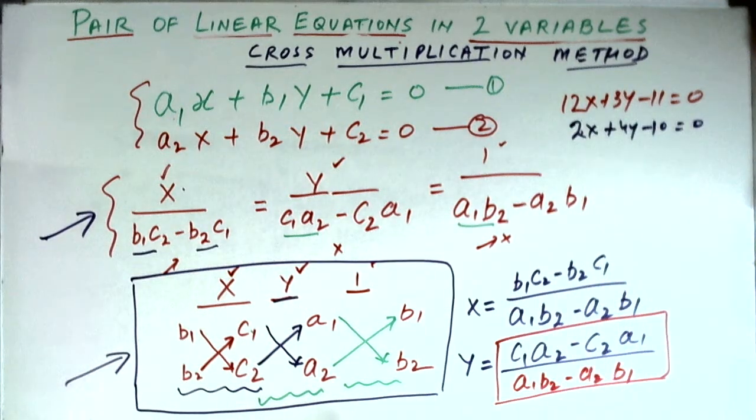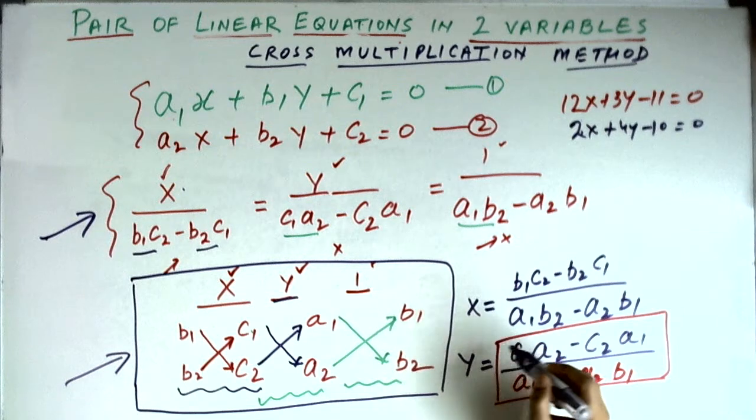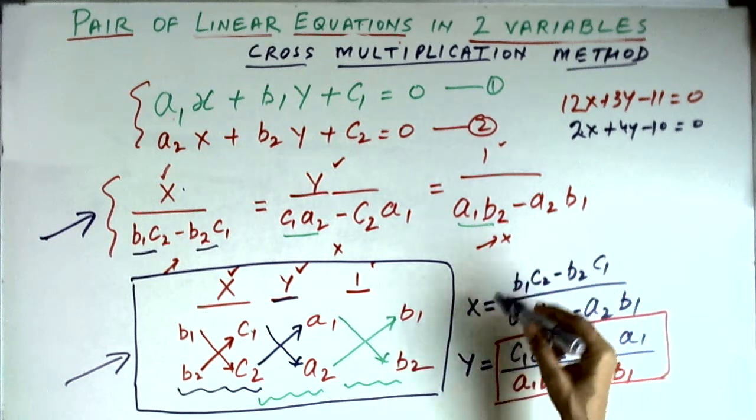Suppose these are the two equations, and if we have to solve them using the cross multiplication method, we will find the value of x by applying this formula.